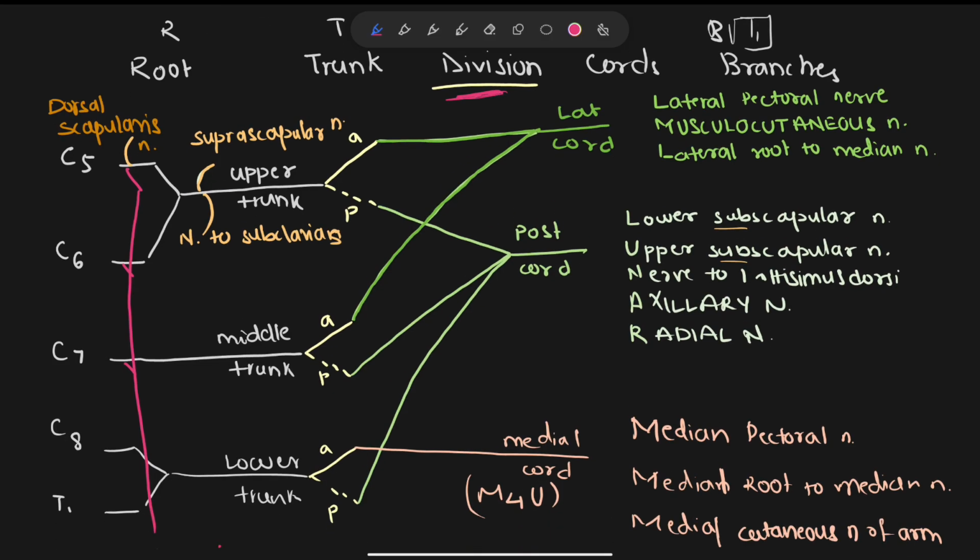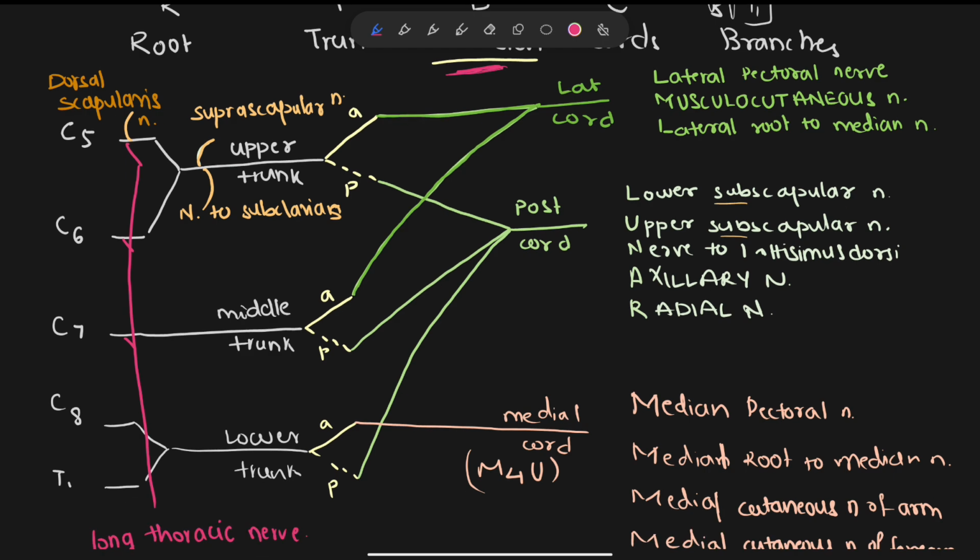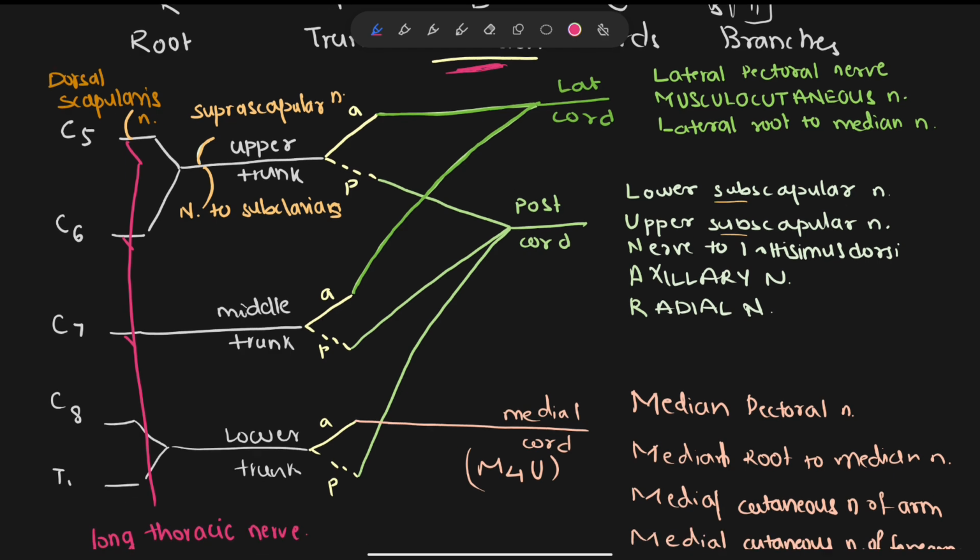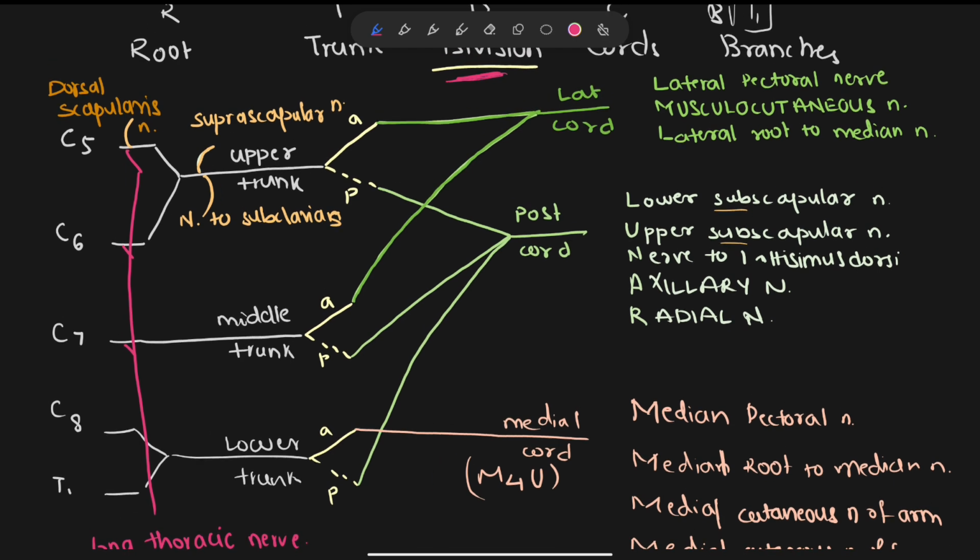So now the turn is to learn about their root values. What are the root values of them? If you see the lateral cord muscles, what are their root values? It's easy to find.